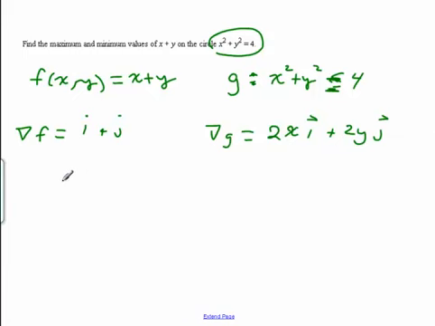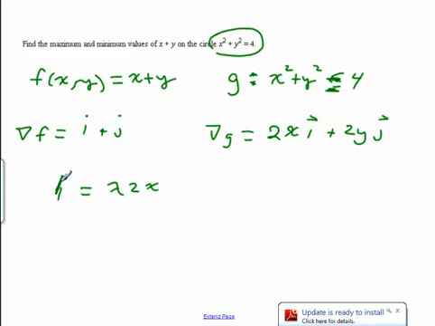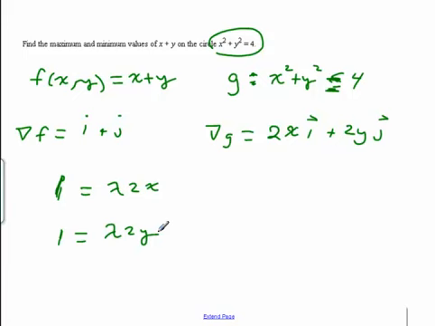So then the question is, we need to find when does 1 equal lambda 2x, and 1 equals lambda 2y. This is all coming from the idea that grad f must equal lambda grad g. So their i and j components must be equal.